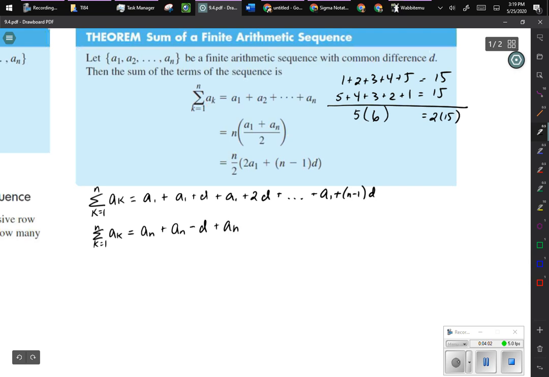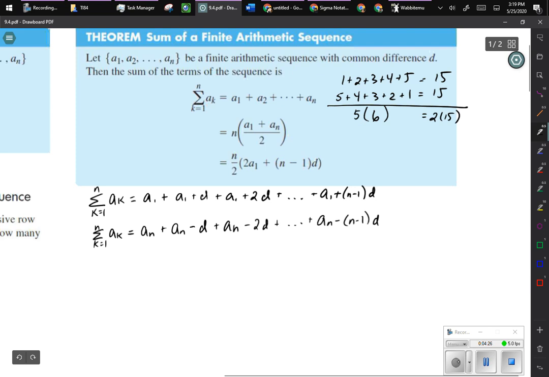And then a sub n minus 2d, plus, and then now you're going the other way, you're going to a sub n minus 1d, right? This is just going backwards. Instead of starting from the first value and adding up, you're starting from the last value and subtracting down.